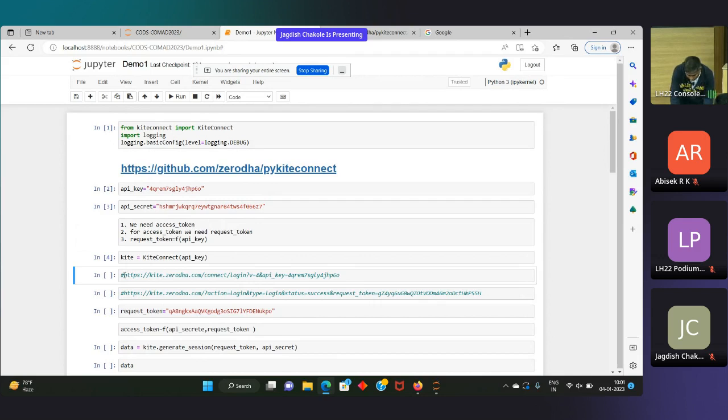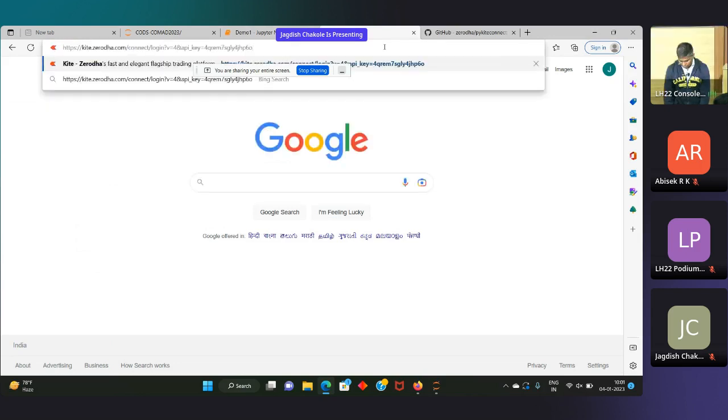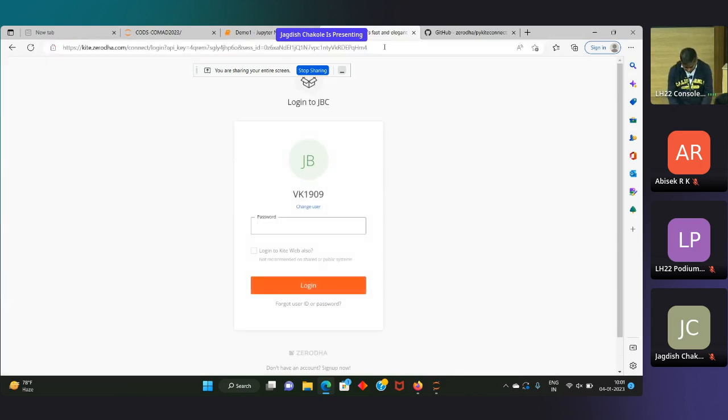So this is the URL. At the end of the URL, I have appended my API key. Now I will paste it here, and I have to enter my credentials.